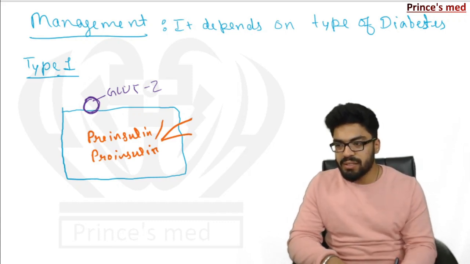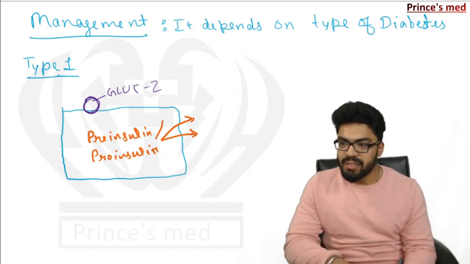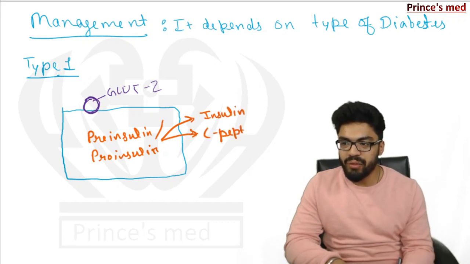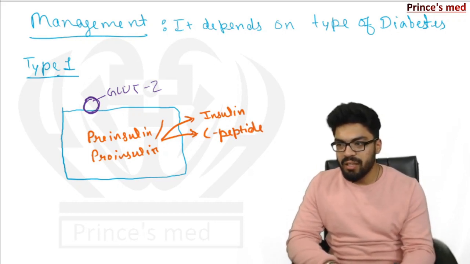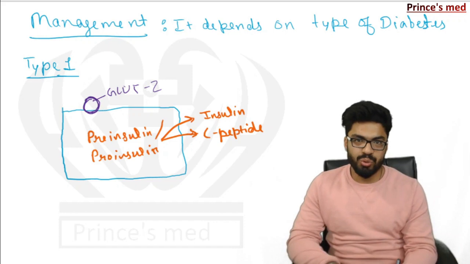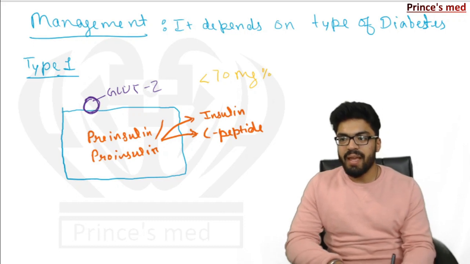Insulin is released from the beta cells if the glucose level is high in the blood, and insulin is released with C peptide in a 1:1 ratio.